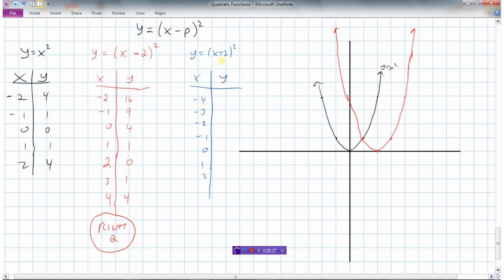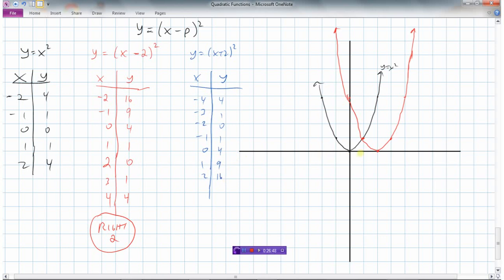Negative 4 plus 2 is negative 2, squared is 4. Putting these values in, negative 3 plus 2 is negative 1, squared is 1, 0, 1, 4, 9, 16.